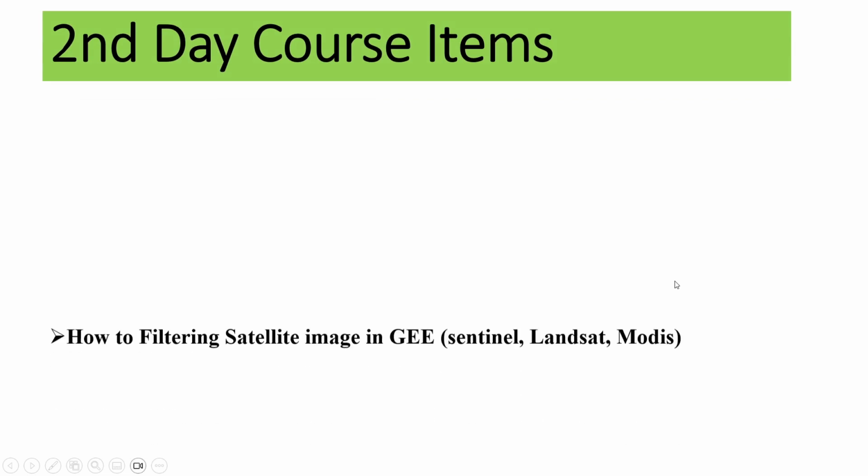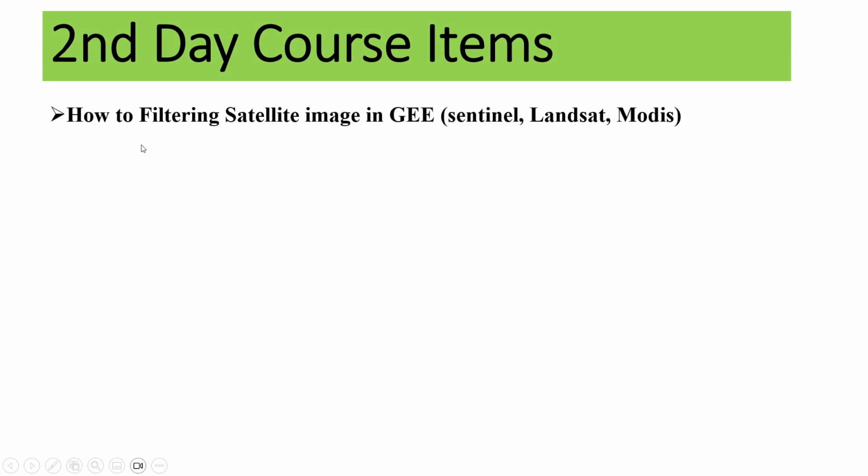So in the second day's course items, we will learn, first, how to filter satellite images in the Google Earth Engine platform. Any satellite images, suppose Sentinel, Landsat, or MODIS satellite imagery.